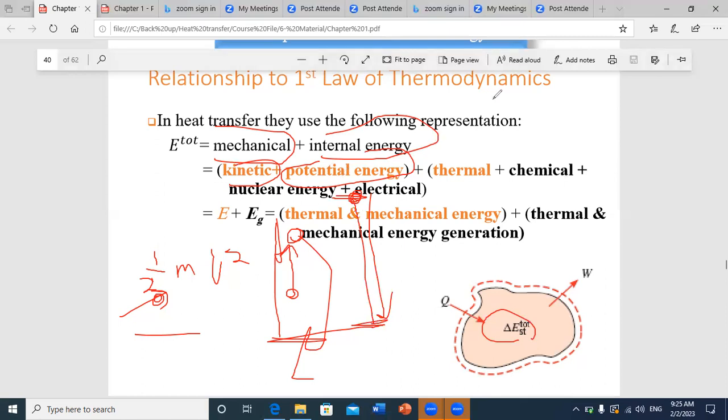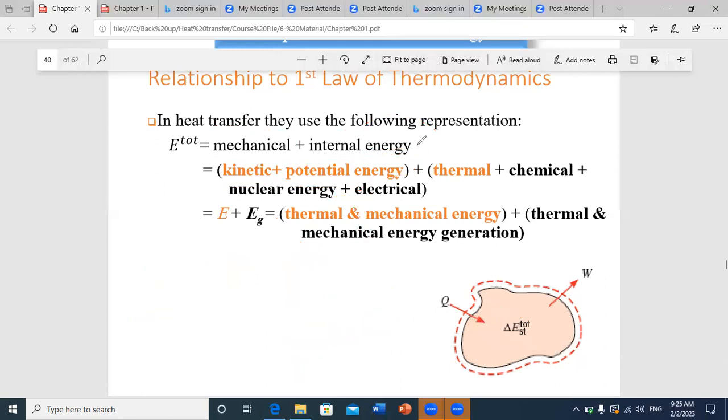Also, whenever we deal with any system, it has a certain internal energy. Internal energy is all other forms of energy for a certain system that are different than mechanical. So we can think about thermal energy, which is related to the temperature. We can think about chemical energy.